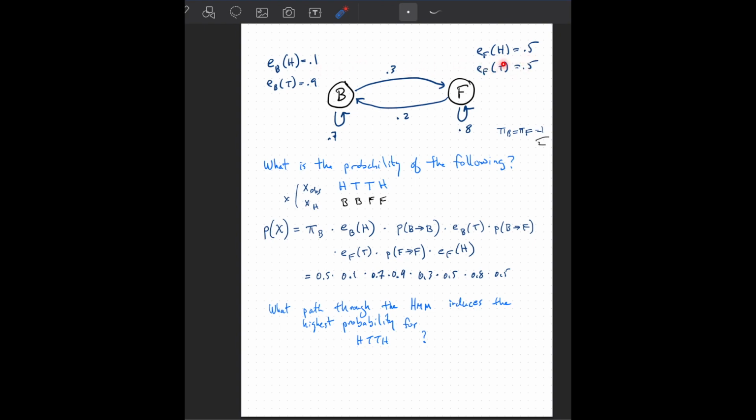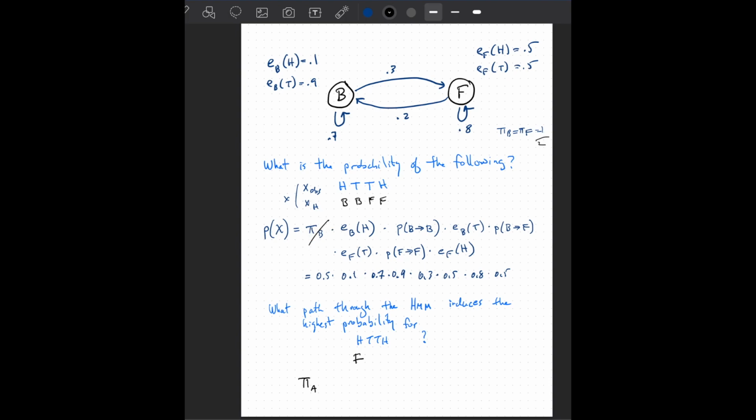But of course, let's try this. If I start off, heads is pretty likely with the fair coin, so I'm going to say I started off with the fair coin. Pi sub A is equal to pi sub B, so that doesn't matter.